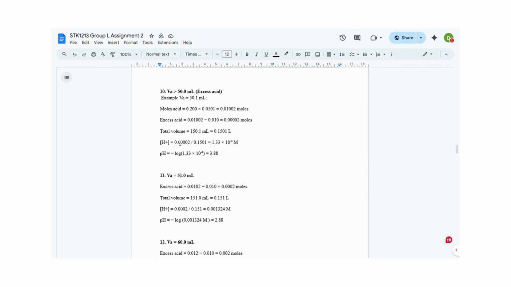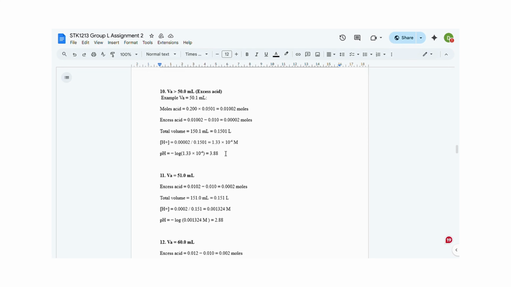So in this case, we have added more strong acid than needed to neutralize the base. So we now have leftover H plus ions in the solution. So we can ignore the weak conjugate acid because the strong acid dominates. So that's how we find the pH. That's why we only calculate the H plus ion here.